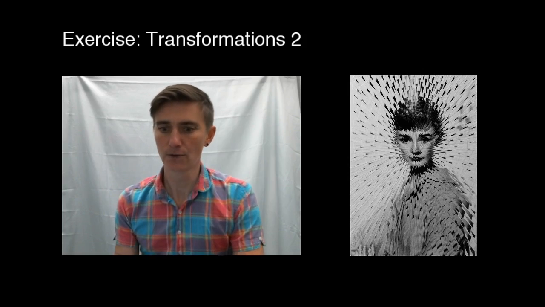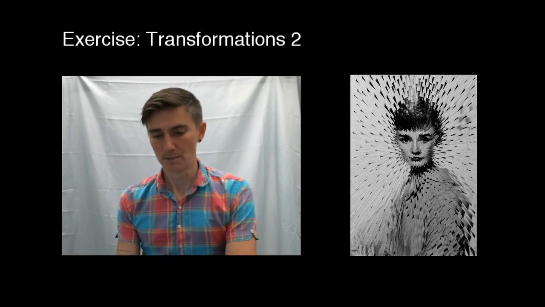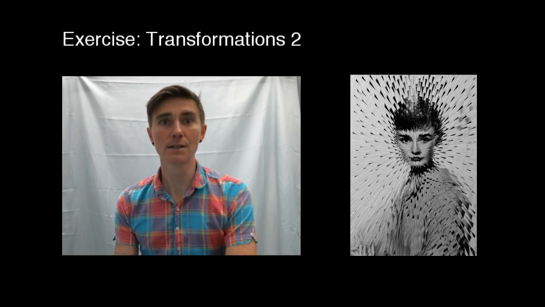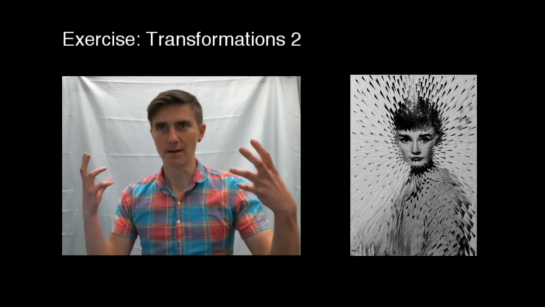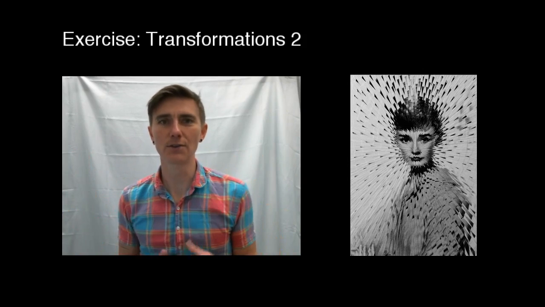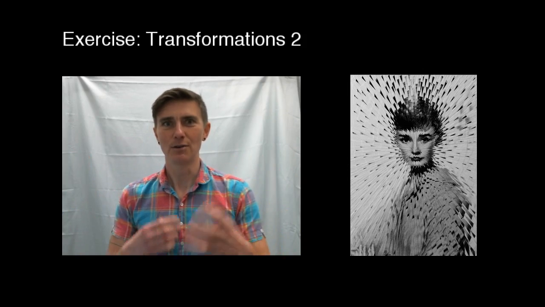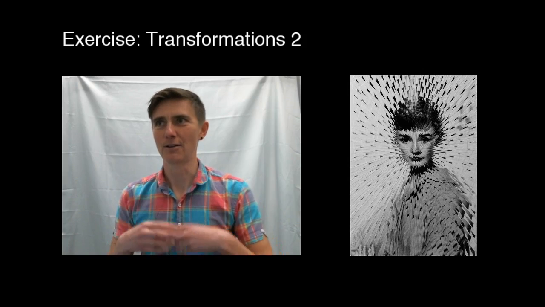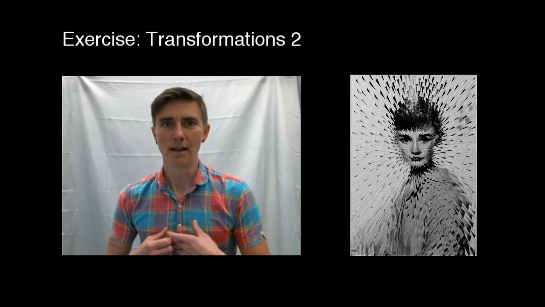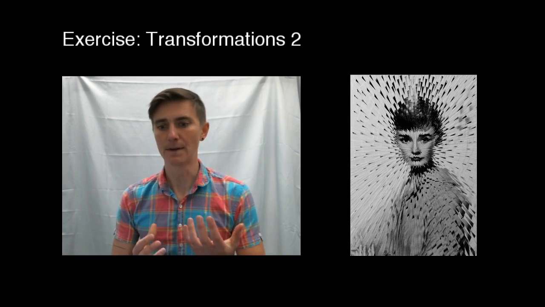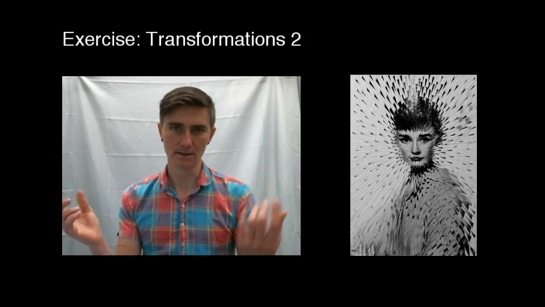For this particular exercise, we're going to be using different transformation processes to almost develop a texture. So we're going to be collaging so much that it almost creates the sense that the collage itself is a texture. And we're again going to be using a self-portrait and also combining different objects into that self-portrait.